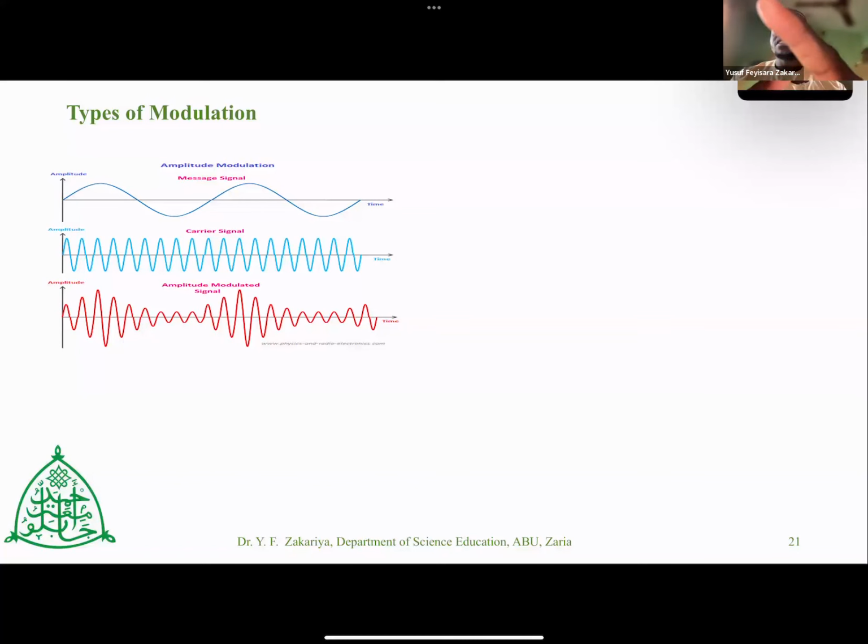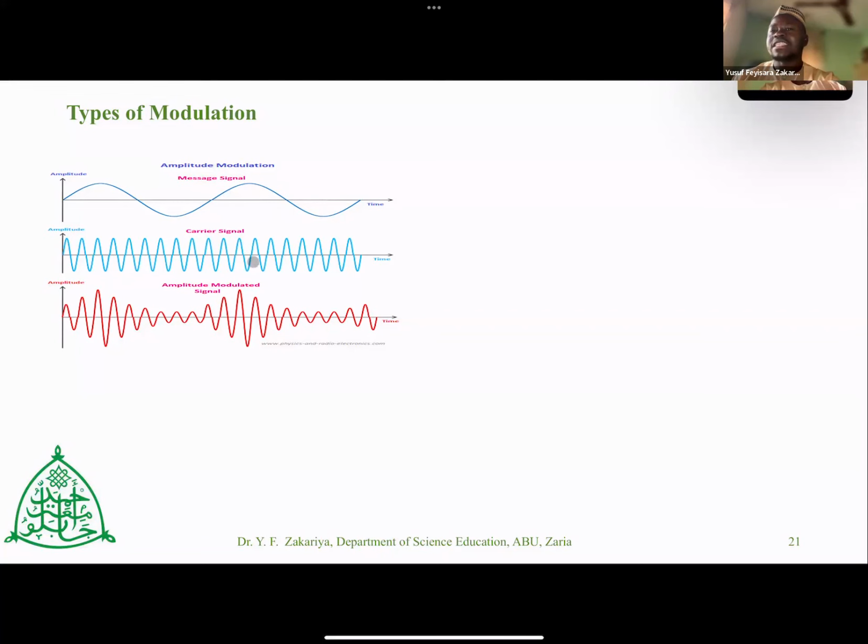Now look at it. So this is amplitude modulation. Here is the message, this is a message signal. You can see the fine-tuned amplitude. Amplitude is how high from here to here, how high from here to here, how high from here to here, and how high from here to here. But look at the carrier wave. When I speak with the message, you can look at how the amplitude now is higher than before.